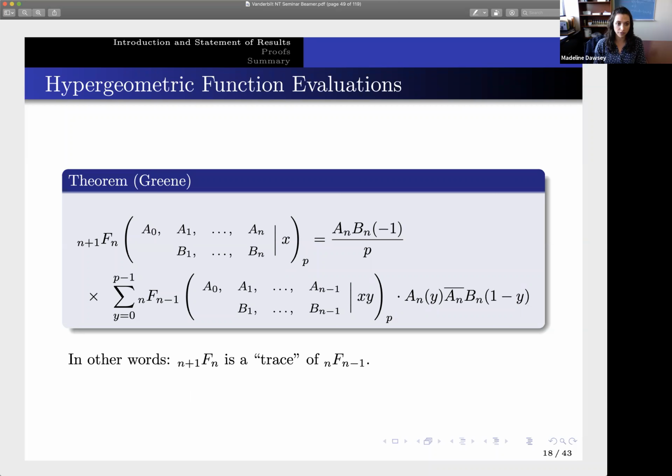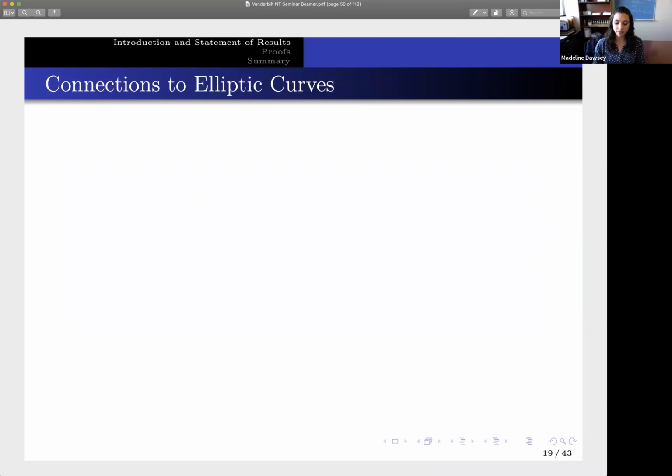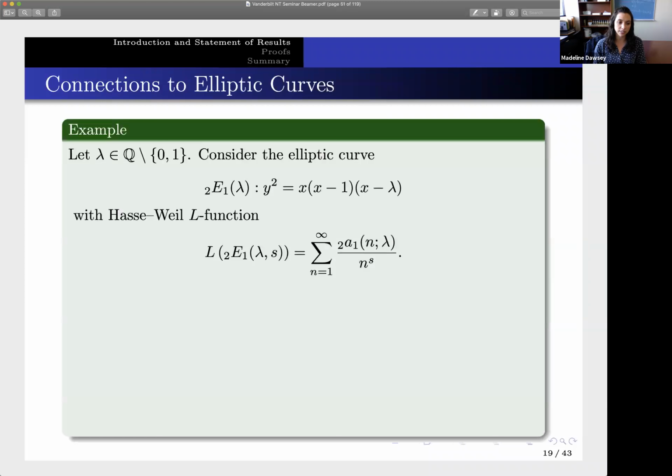And we'll see more theorems of Greene later. But also we have connections to elliptic curves. So let's see a couple of examples. And you can find these in the Web of Modularity that Ken Ono wrote, for example, among other places. So if we let lambda be a rational number that's not 0 or 1, and we look at this elliptic curve in Legendre normal form, it has some L-function.